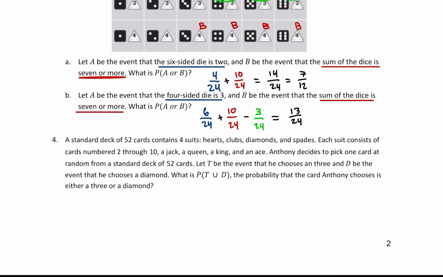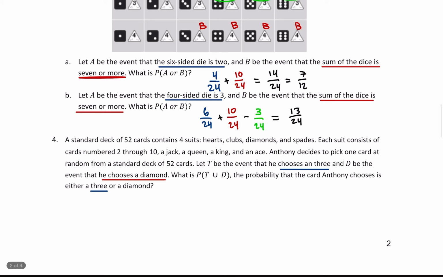Okay, so it says Anthony decides to pick up 1 card at random from a standard deck of 52 cards. Let T be the event that he chooses a 3. Okay, so I'm going to make that one blue. And let D be the event that he chooses a diamond. Okay, so what is the probability that he chooses a 3 or a diamond?